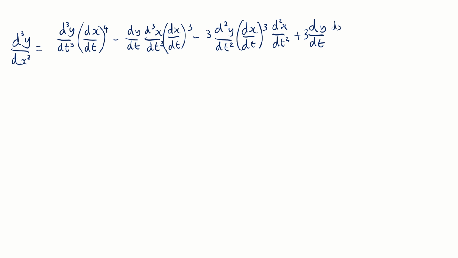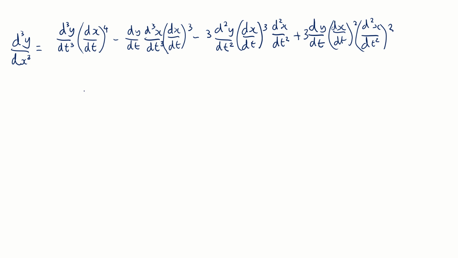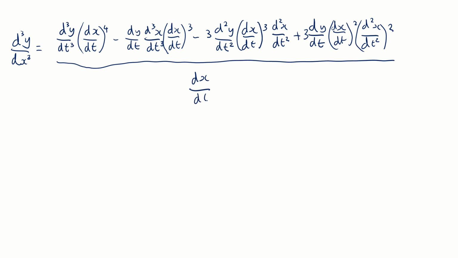So dx over dt squared, d squared x over dt squared, squared as well. Amazing. And as I said, we're done. We just need to have the denominator, which is all over dx over dt all to the power of 7. Oh my goodness.